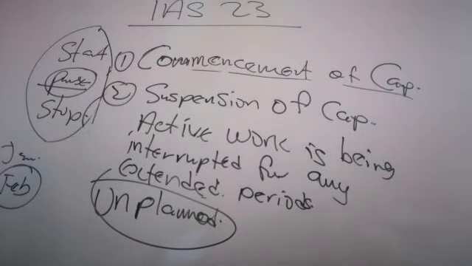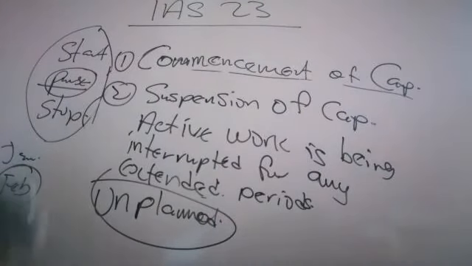Maybe you are constructing your office building and it reaches a certain level and then there is a shortage of raw material like cement, iron rods, which delays the construction for a period of, let's say, 2 months. Good. Here you have to suspend the borrowing cost. So that is the example.